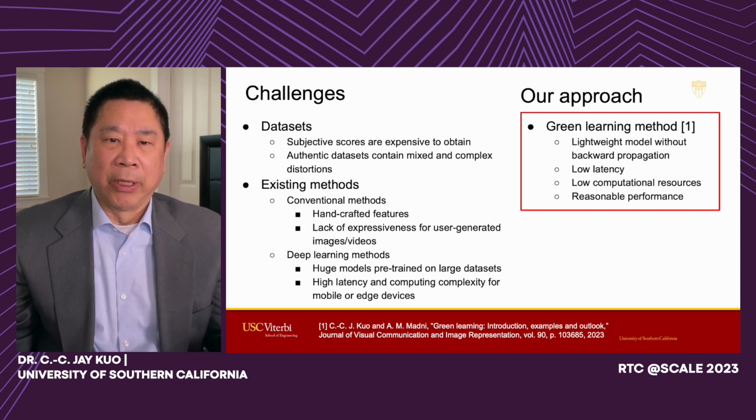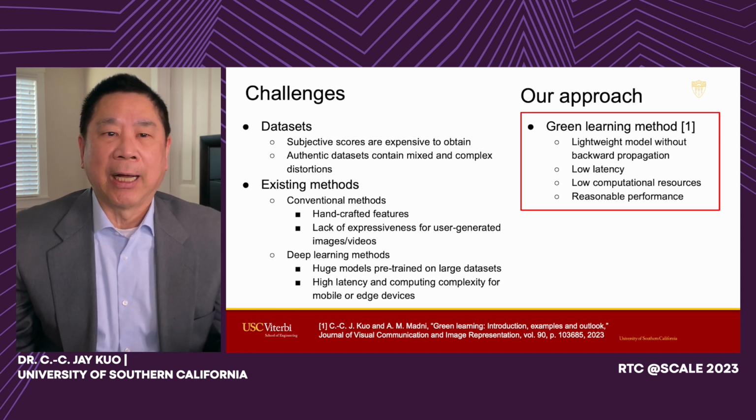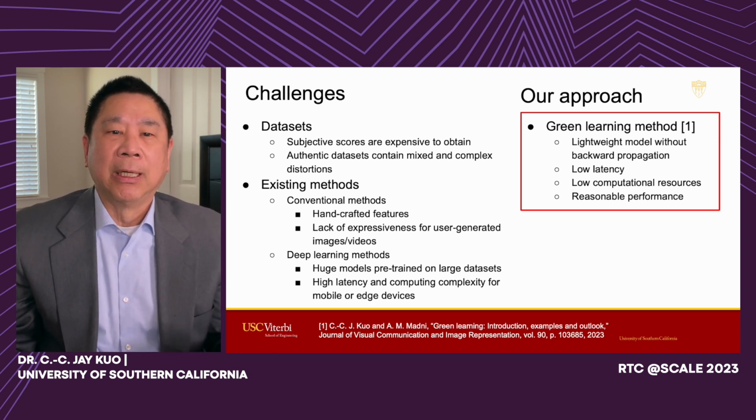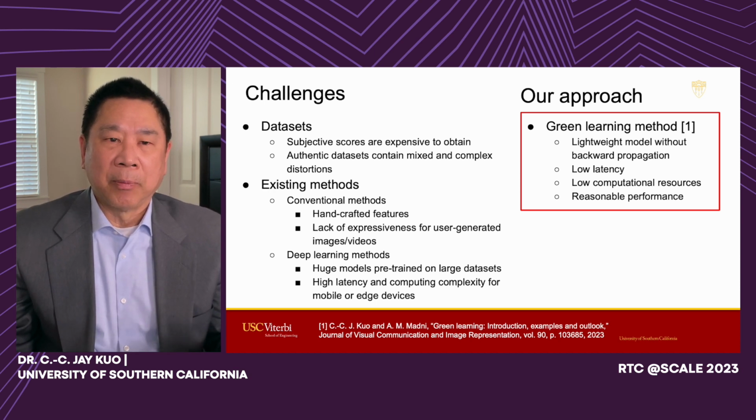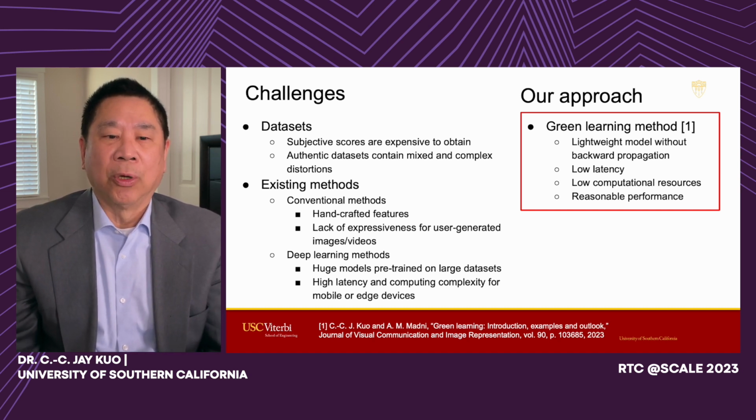It's usually hard to explain. Another issue is that the complexity of deep learning is huge and it also requires larger memory size. But in terms of performance, deep learning solutions usually provide more accurate predictions compared to the traditional method.